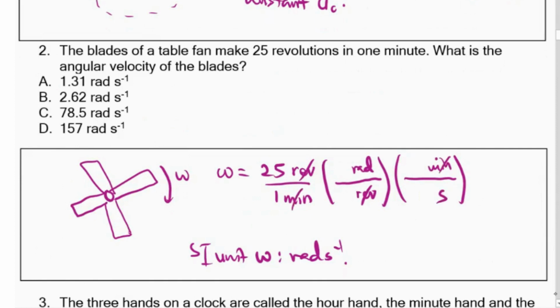This is how you do the conversion. 1 revolution equals 1 cycle, which is 2 pi radian, and 1 minute has 60 seconds. Just press in the calculator, 25 times 2 pi divided by 60. The answer is 2.62, and the unit in SI is radian per second. So the answer is B.